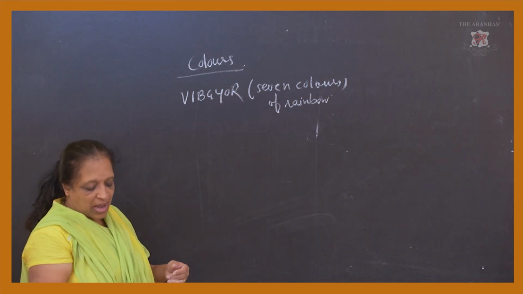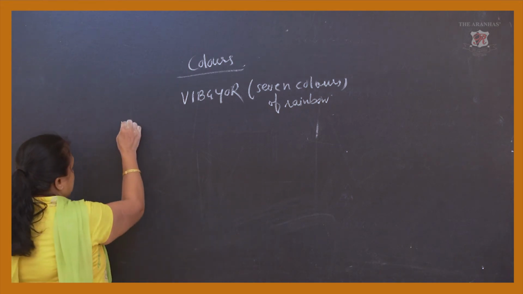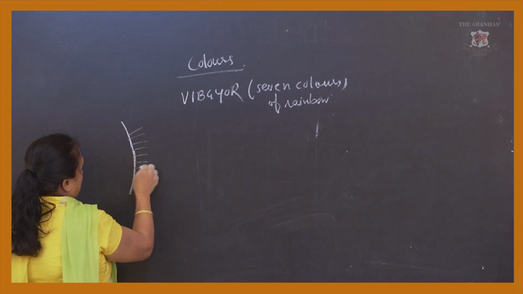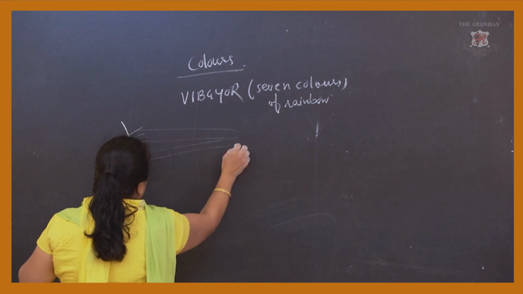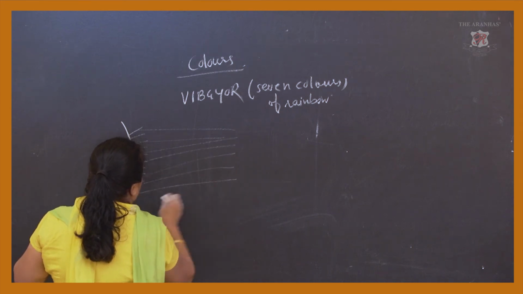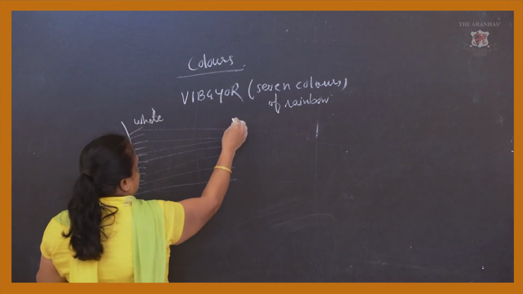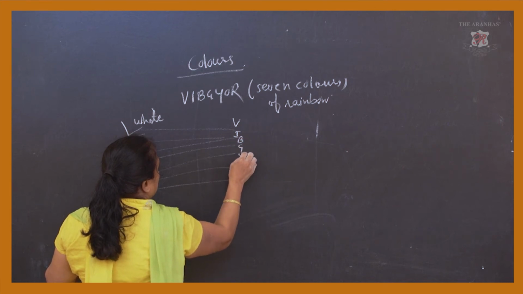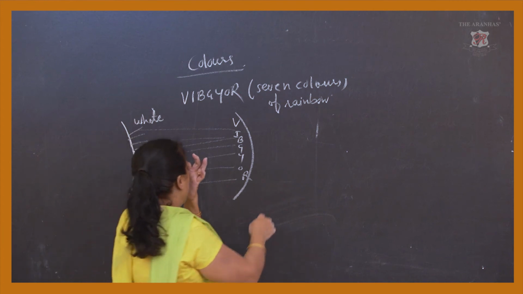So when we are getting the sunlight, which is basically white in color, it gets spread into the 7 colors. And what are they?